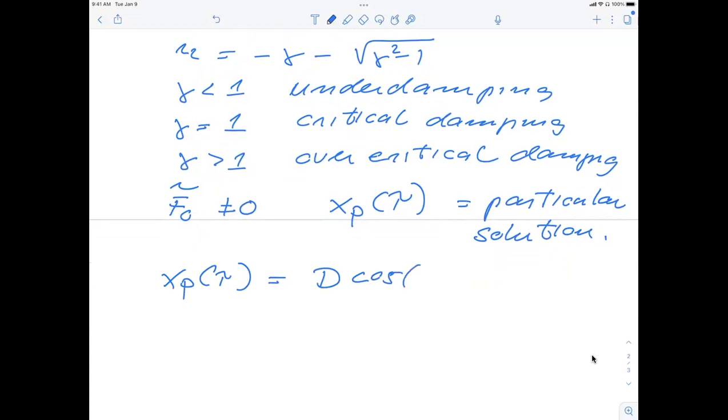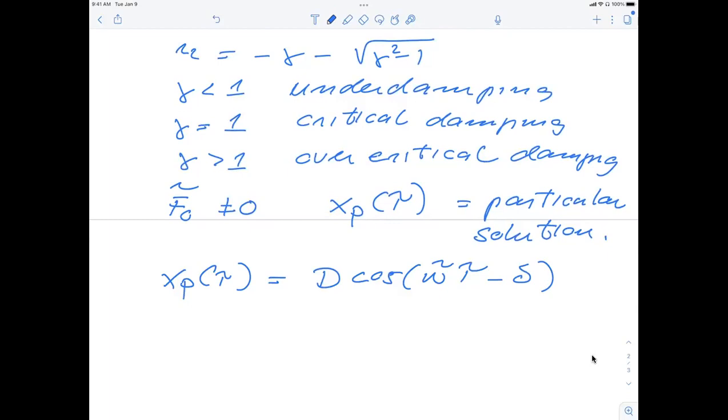Since I have this omega tilde, I take omega tilde times tau, and then I can add an unknown constant, which is a phase. Like we saw on Monday, we could rewrite the solution in terms of a cosine, a frequency times time, and then some phase, which we can decide when we are solving the equations.